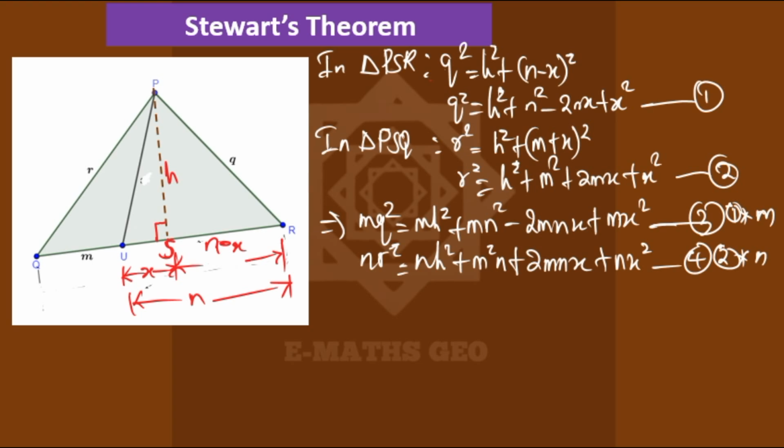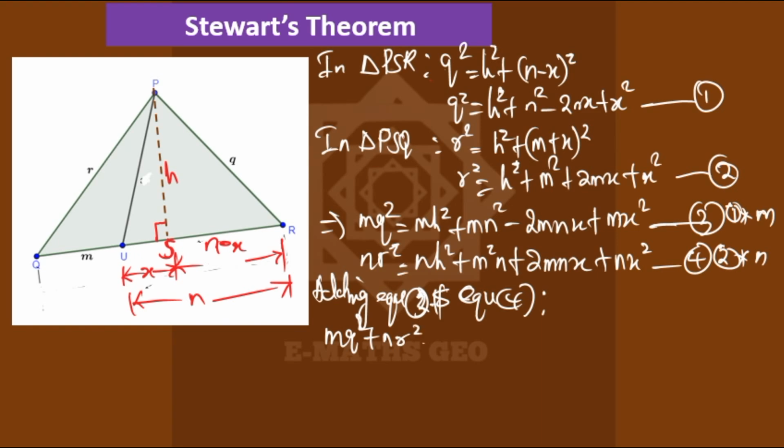If you add equations 3 and 4, we see that MQ squared plus NR squared equals (M plus N) H squared, since H squared is common, plus MN squared plus M squared N, plus (M plus N) times X squared.